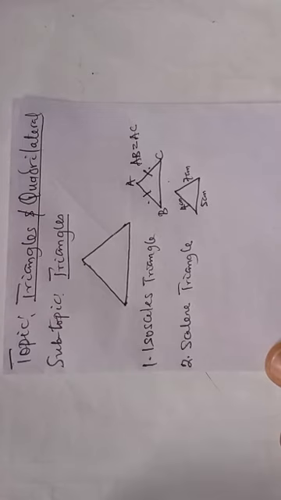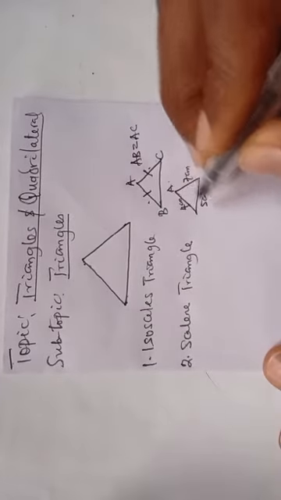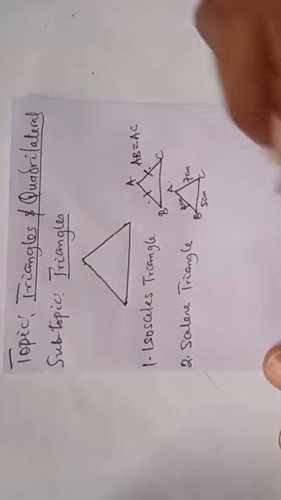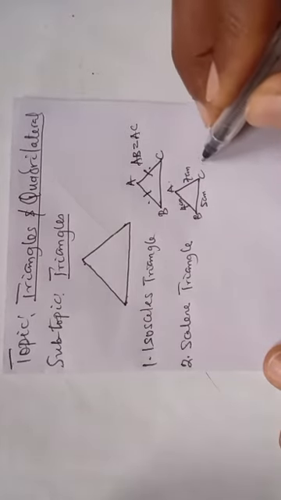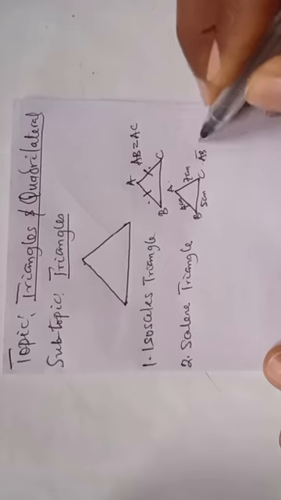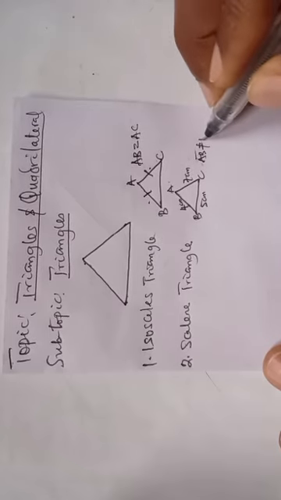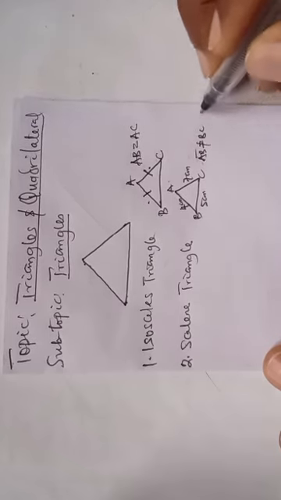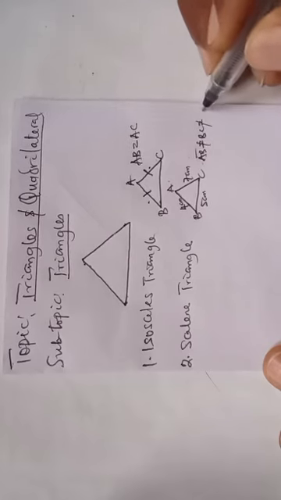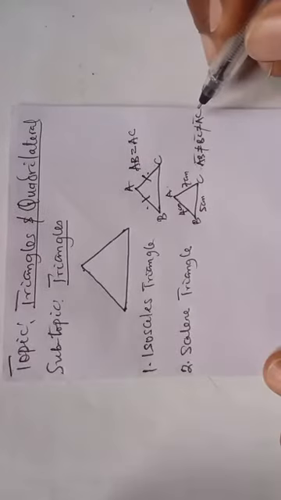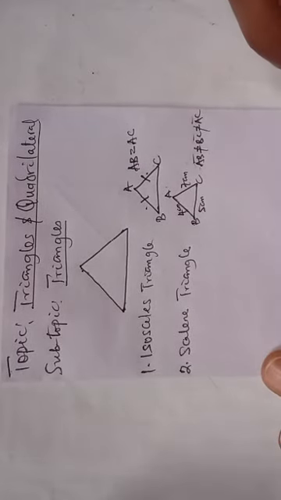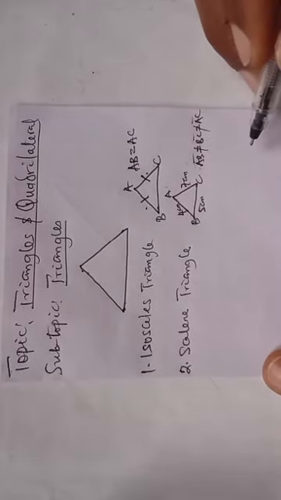If I have A here, B, and C, I could write that line AB is not equal to BC, and BC is not equal to AC. None or no two sides are equal.